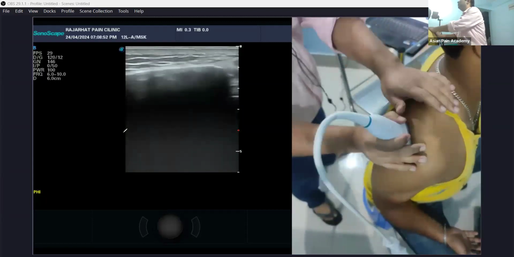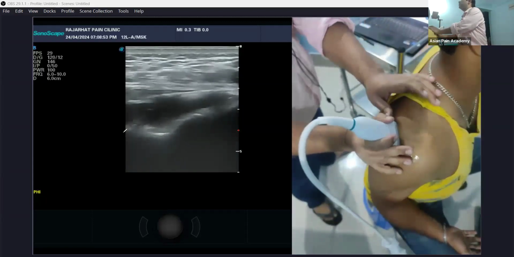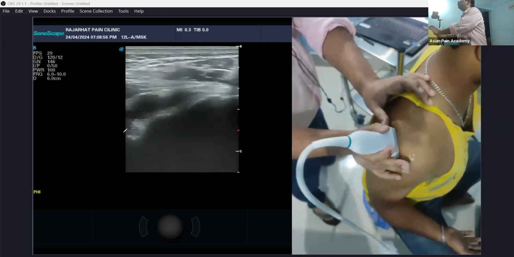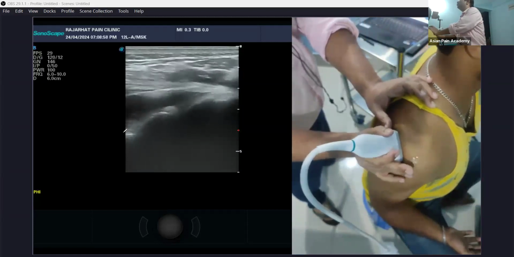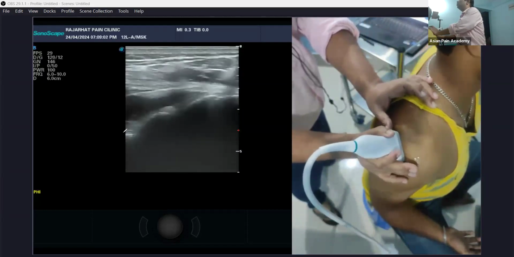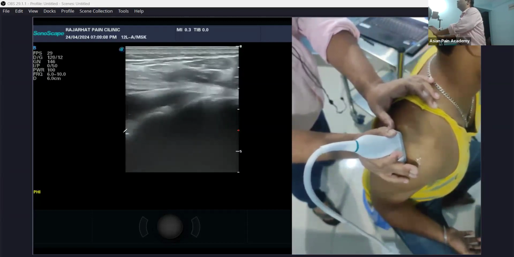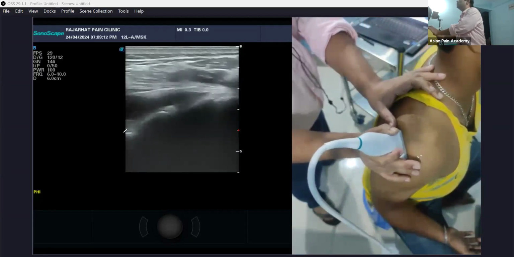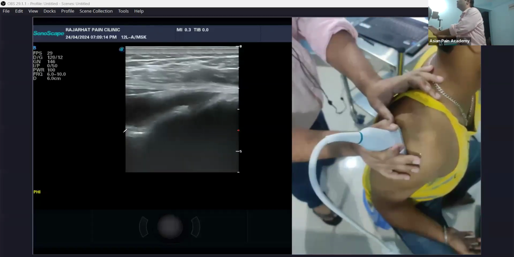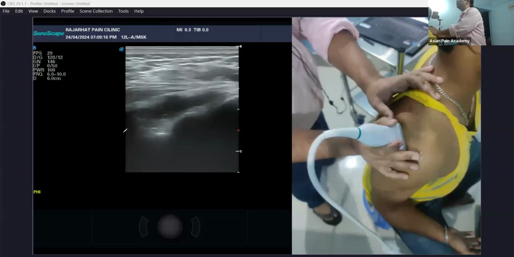I show you again. So this is the infraspinatus muscle and this is the glenohumeral joint. If there is any confusion about the glenohumeral joint, always make the patient do external rotation and internal rotation of the hand; it will tell you whether the humeral head is moving or not. So you can see the glenoidal labrum, the white part, and then the glenoid bone.